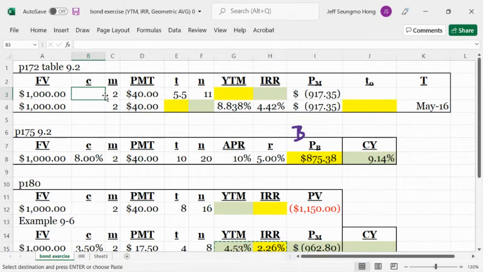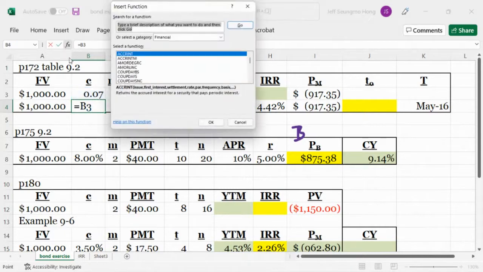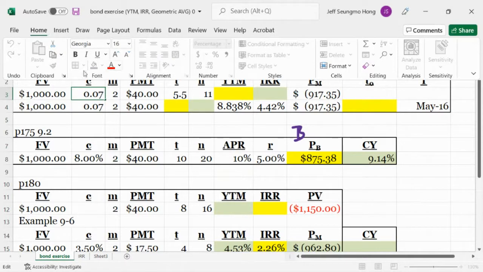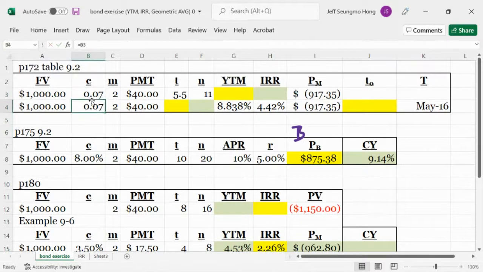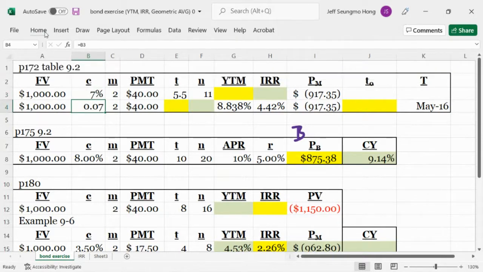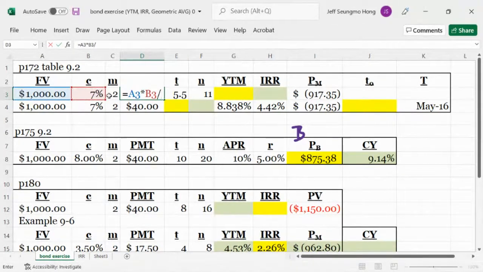So if the coupon was 7%, 0.07, then the coupon payment would be this times this by 2.